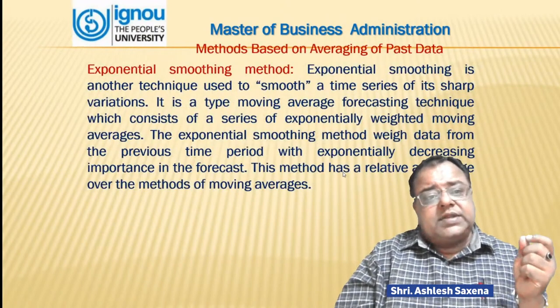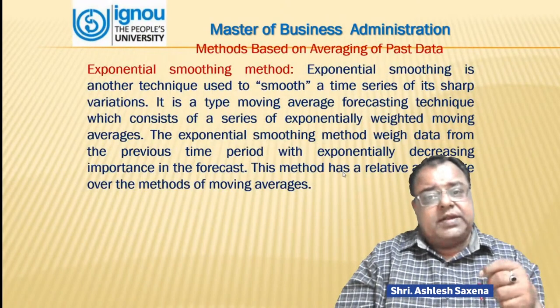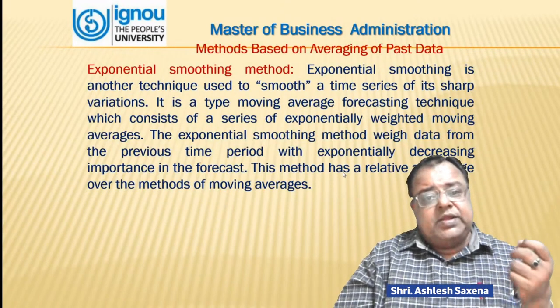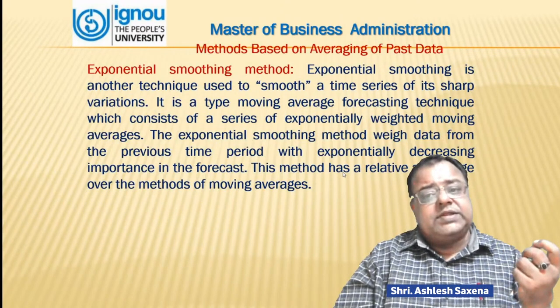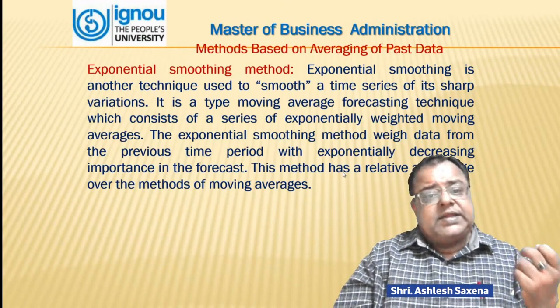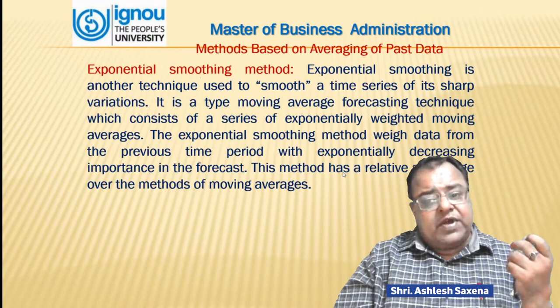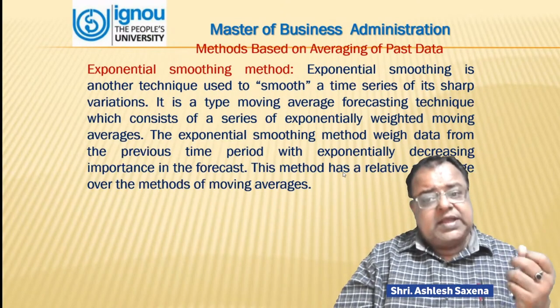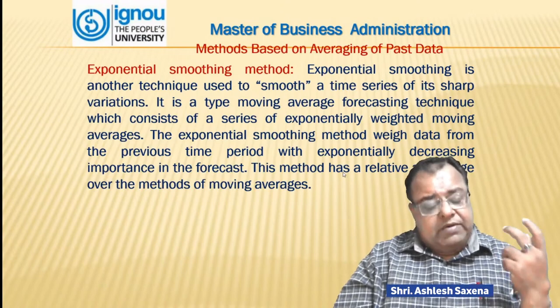What is exponential smoothing method? Exponential smoothing is another technique used to smooth a time series of its sharp variations. It is a type of moving average forecasting technique which consists of a series of exponentially weighted moving averages.